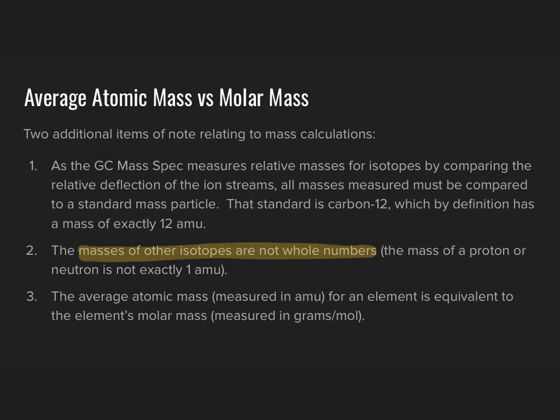We taught you last year that the mass of a proton or a neutron is 1 AMU, and that's mostly true. But the problem is that the mass of a proton or a neutron, as it turns out, is not constant, because of an idea we discussed a couple of units ago from modern atomic theory.